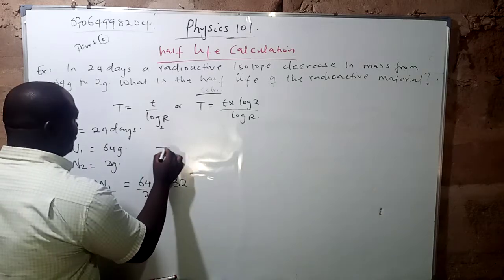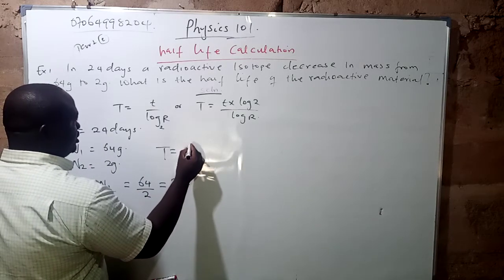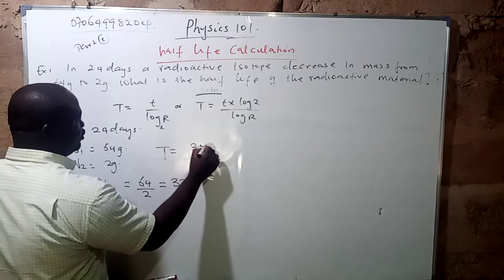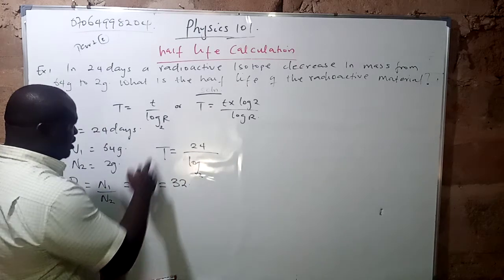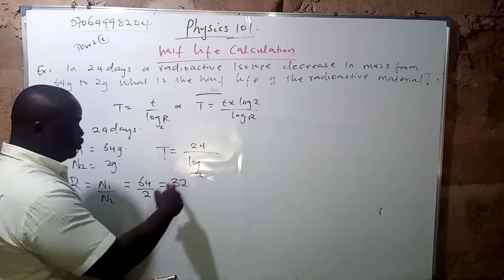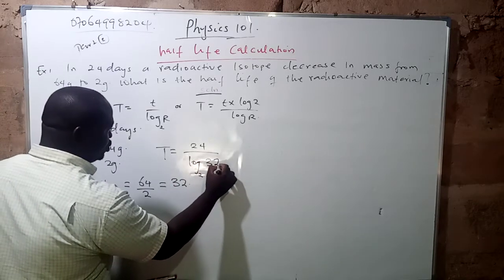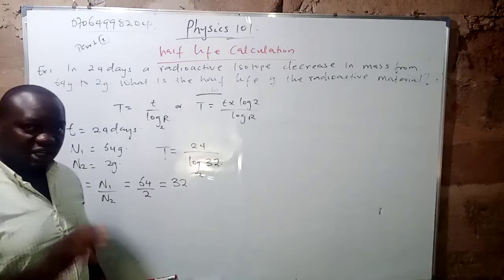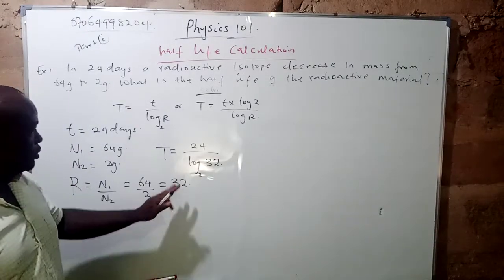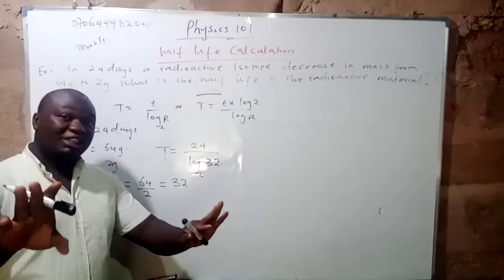Now, your half-life is T, the time taken, which is 24, all over log base 2 of R, so this is 32. Now you have to do a little bit of mathematical calculation here under logarithm. People that are writing JAMB, this is so easy.